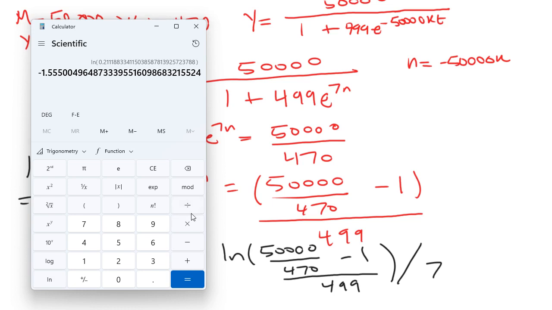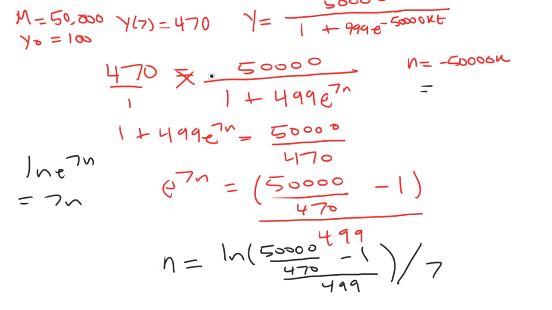But then what do you do after this? You divide by 7. So this is our constant in this case, because we're saying that n is equal to negative 0.2221, for example. So this equals negative 0.222 and maybe 1/4, right?